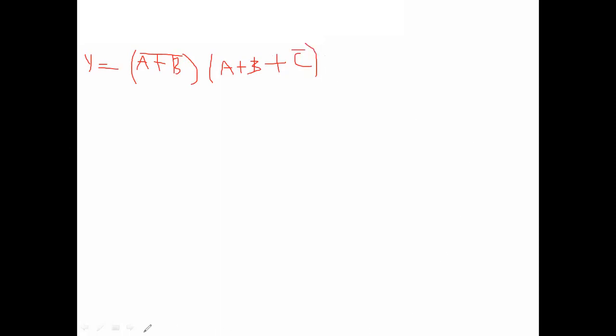Suppose this is there, then how to draw the logical circuit? So how many variables are here? 3 variables are there. So draw the line for each variable.